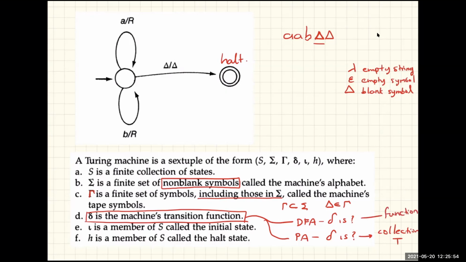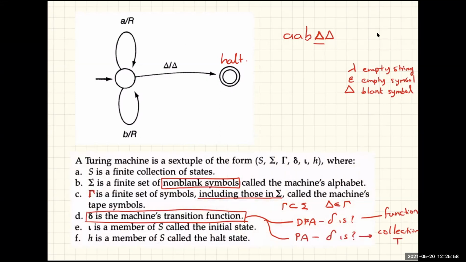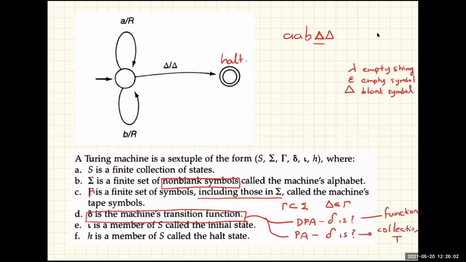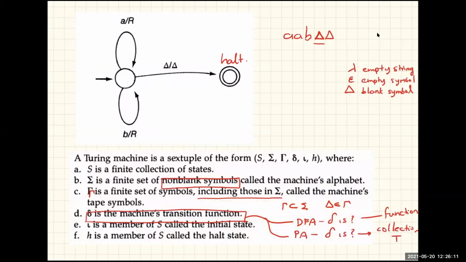Let me add another question. Also, we had something called NFA, you remember? Non-deterministic finite automata. So in this case, what do we have for delta?